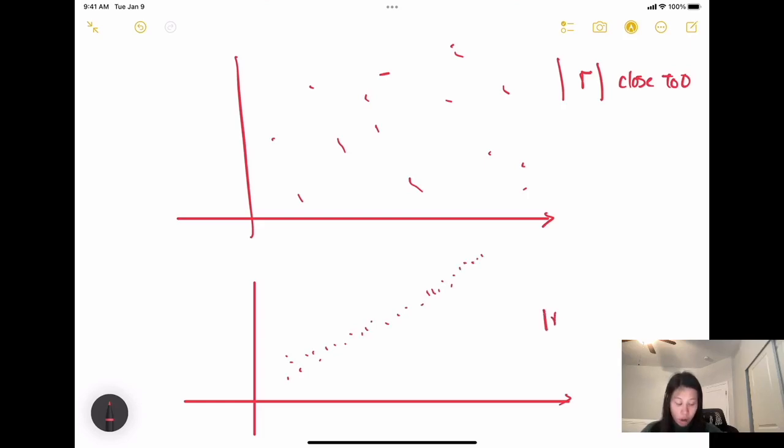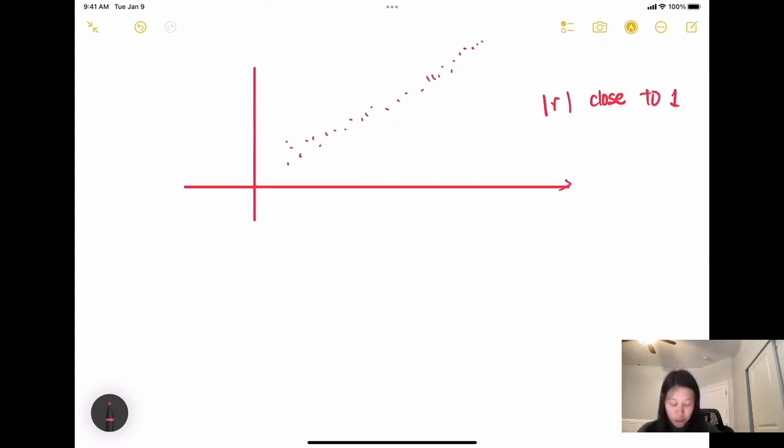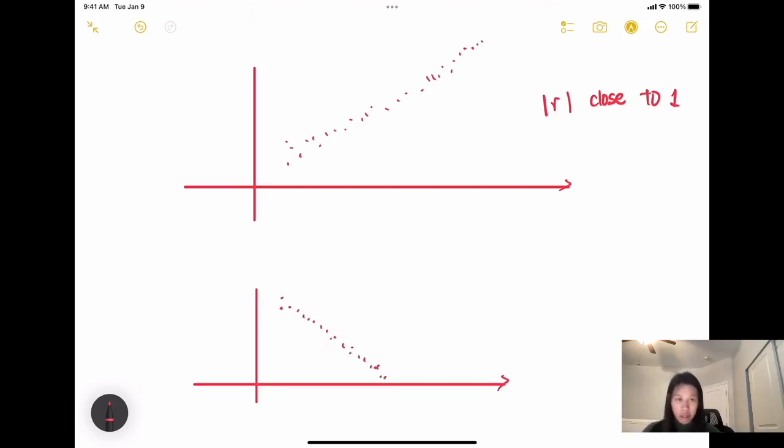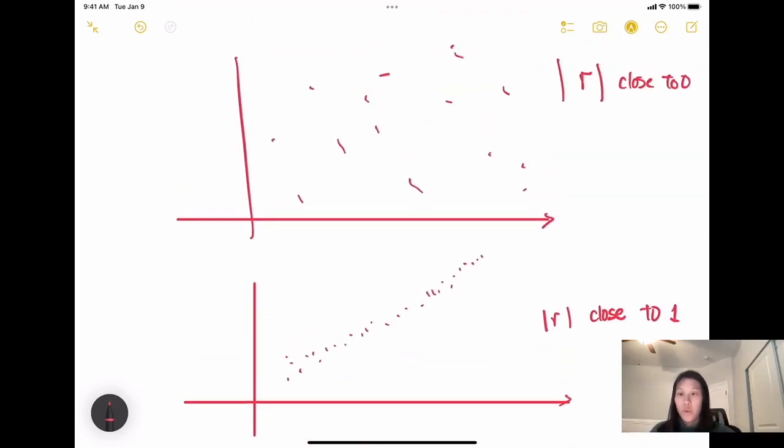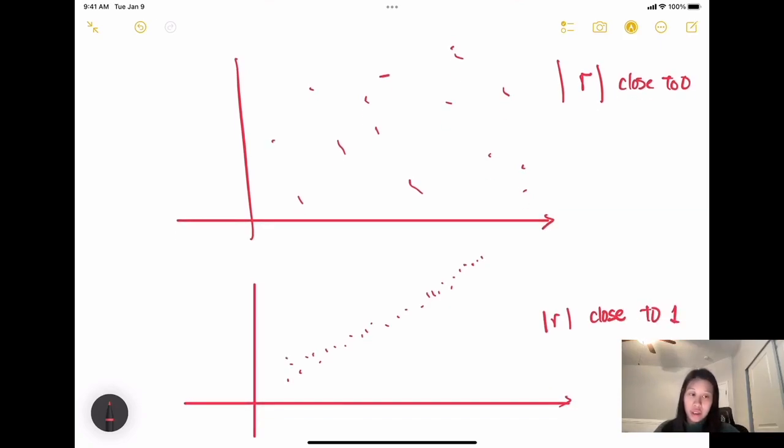That means the absolute value of R is going to be close to 1. If the function looks like this one, it still looks very linear, so R is going to be close to -1, right? So I'm going to say this again. The closer the value is to 0, the more scattered the data is. The closer the value is to 1 or -1, the less scattered the data is. So this is the R value.